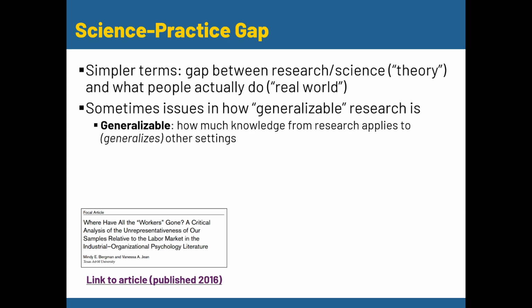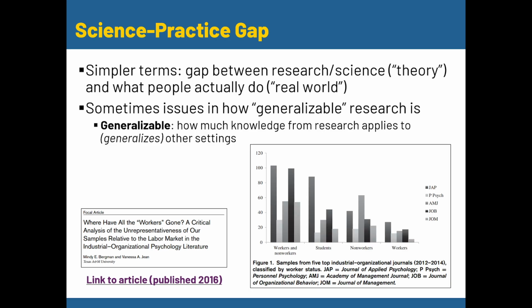One example there from this field, this was a focal article in 2016 called "Where Have All the Workers Gone?" Basically, it was focused on sampling issues within the field. So basically, the samples used in research and how those actually generalize to workers in society. And so there's a lot on this table.